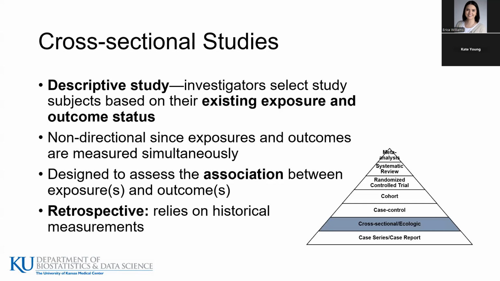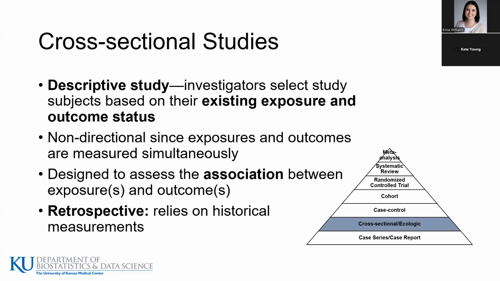And then cross-sectional studies. These are descriptive studies where investigators select study subjects based on both their existing exposure and their outcome status. So this is non-directional because exposures and outcomes are both measured simultaneously. They're designed to assess the association between the exposure and the outcome.